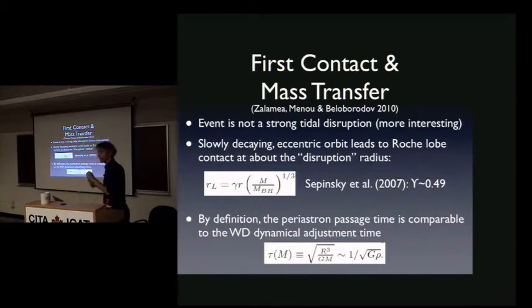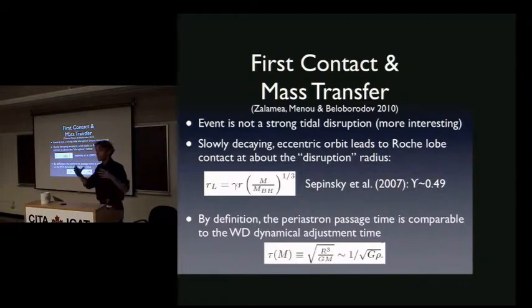I come to periastron, and just there at periastron, I overflow my Roche lobe by a tiny amount. I transfer this mass. Then I will readjust my structure. But by definition of the tidal disruption condition, when this first happened, the periastron passage time of my white dwarf is comparable to the dynamical adjustment time of the white dwarf.